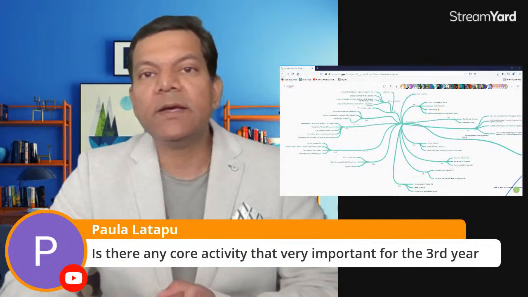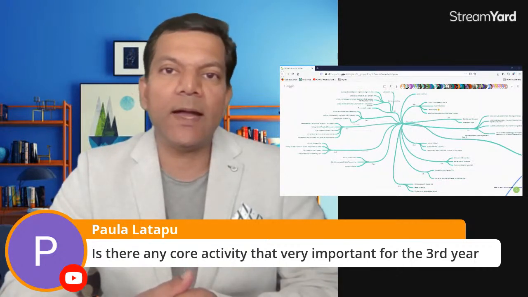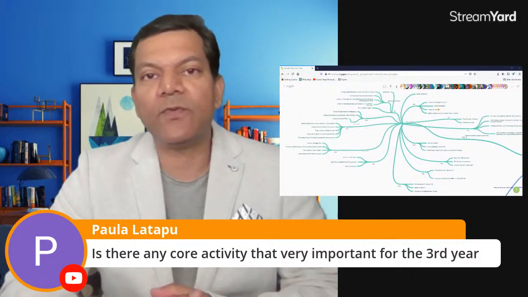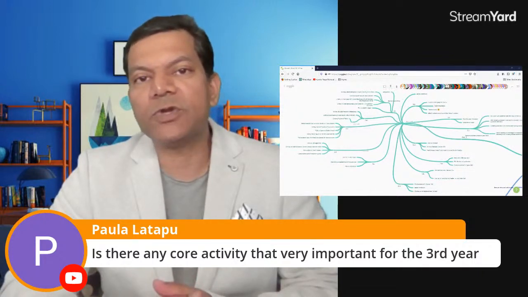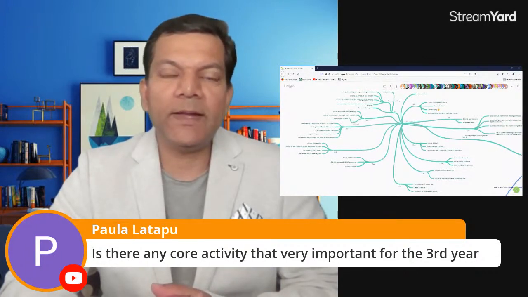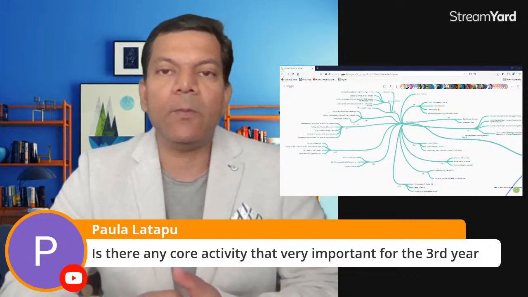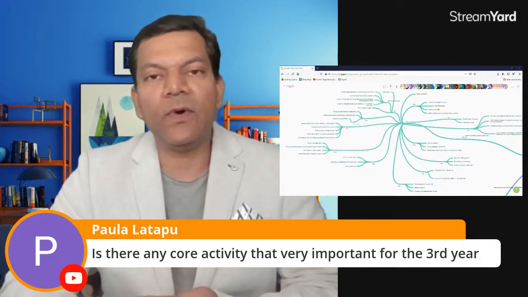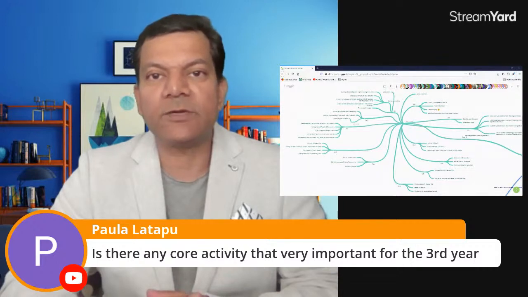But otherwise, I had students who had finished their research by year 2, and in the first half of year 3, they focused on writing their thesis. So I don't see any major core activity other than if you are delayed in your research progress.